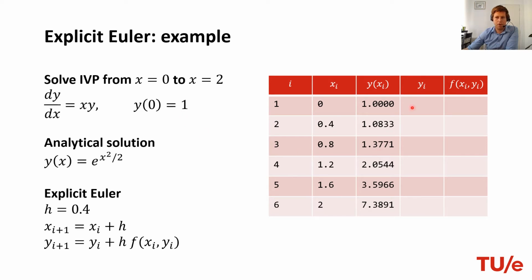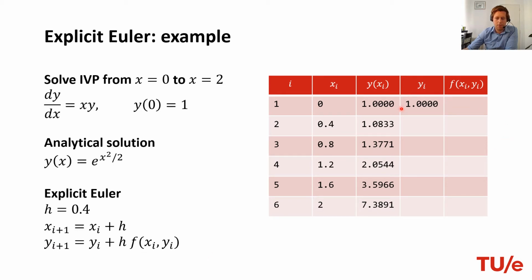So we can simply plug that into our numerical solution as well. And that's what we do. So here we have already a first step, xi is 0, yi is 1. That's our first step.